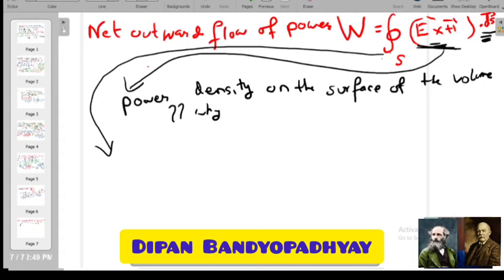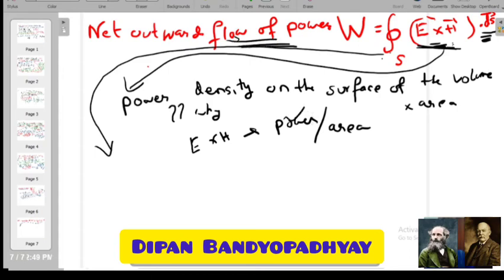So E cross H should be power per area. Only if it is multiplied with area will it give the power. Because this is a power, and since it is a surface integral, it is the outward flow of power from the surface. Yes. Okay. So this has to be this E cross H.